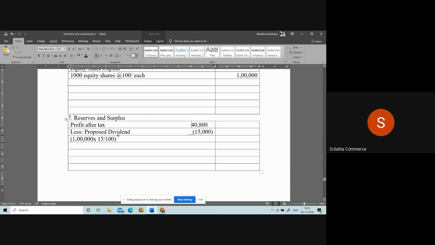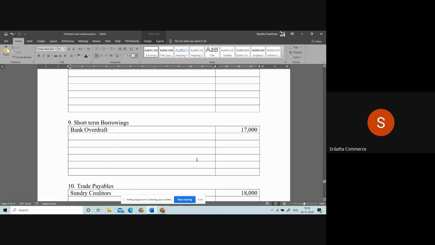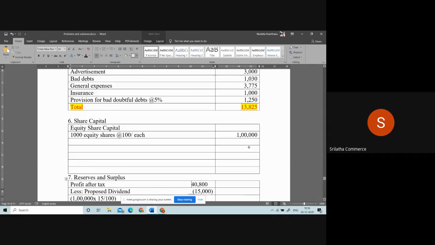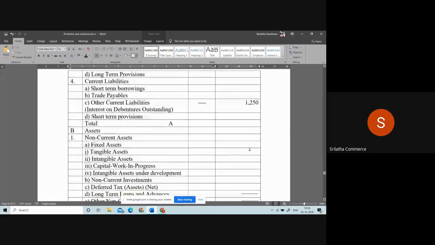Then he had given proposed dividends at 15%. Your paid up capital is 1 lakh, so 1 lakh into 15 by 100 is 15,000, to be deducted from profit after tax. The next adjustment is to be shown under short-term provisions, proposed dividends. Is this adjustment clear for you all?